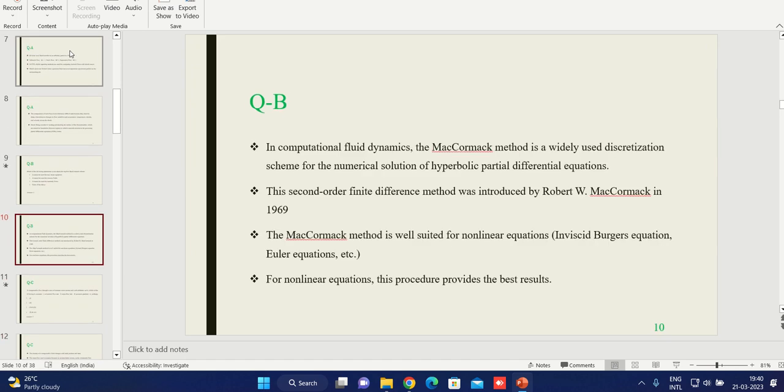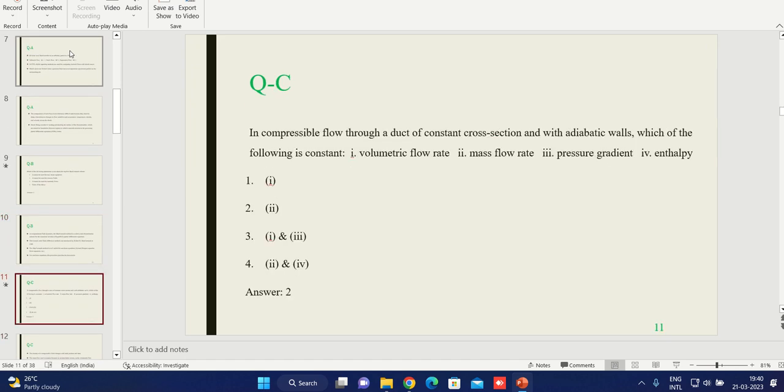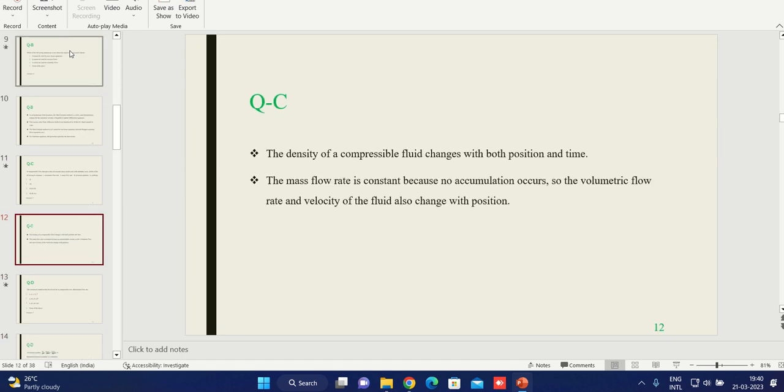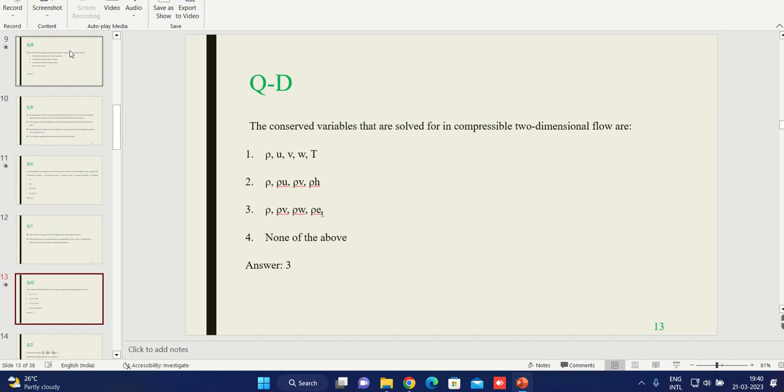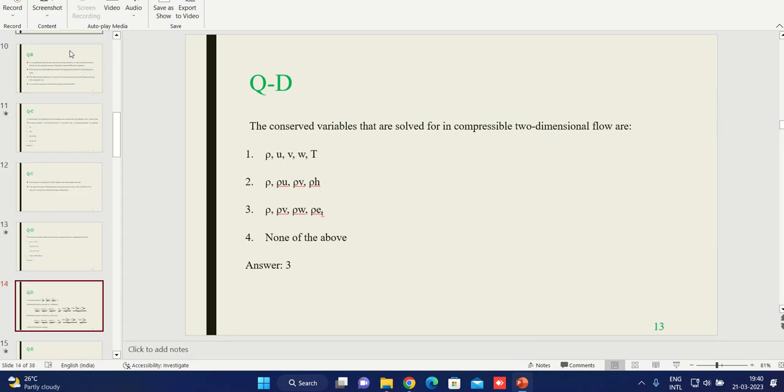The questions were conceptual, from the McCormack and Beam-Warming schemes, and also came from compressible two-dimensional flows: what the governing equations are and what variables are solved for.